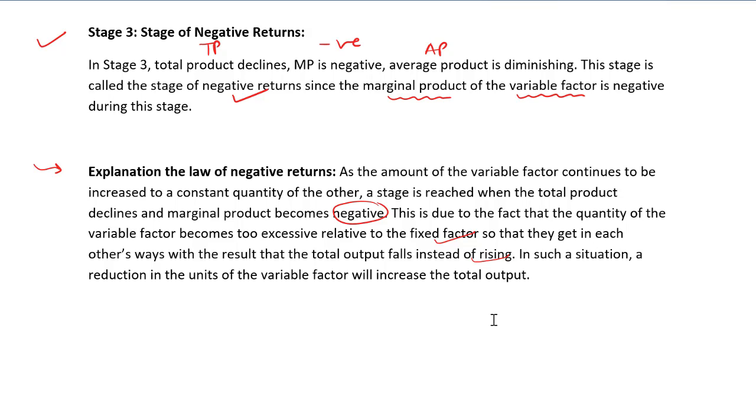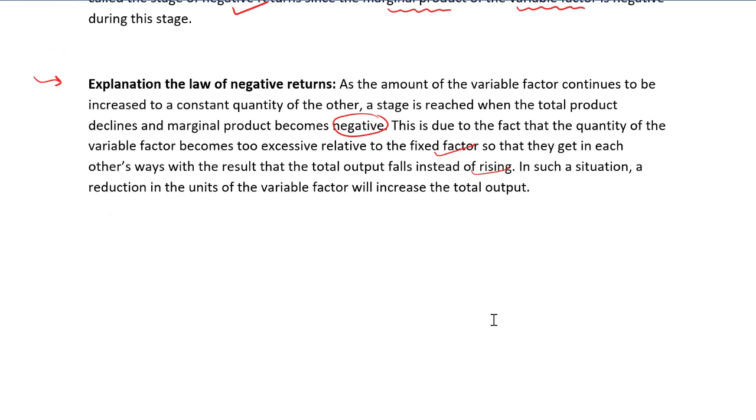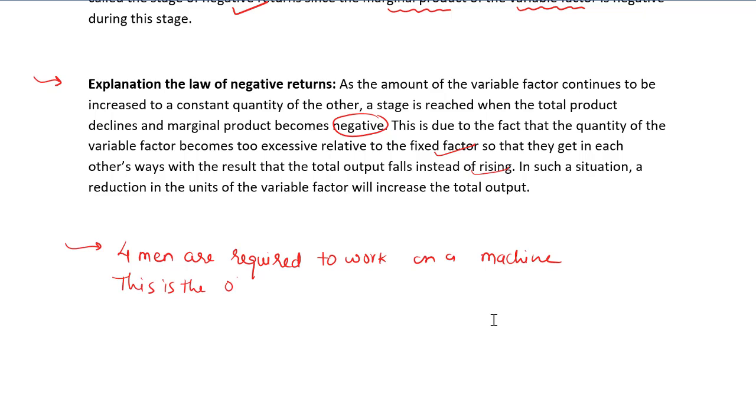In such a situation, a reduction in the units of variable factor will increase the total output. Students, suppose, as per our example, four men are required to work on a machine. This is the best combination. This is the optimum combination.